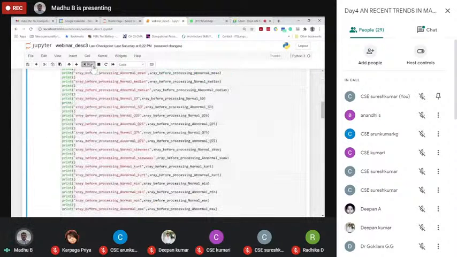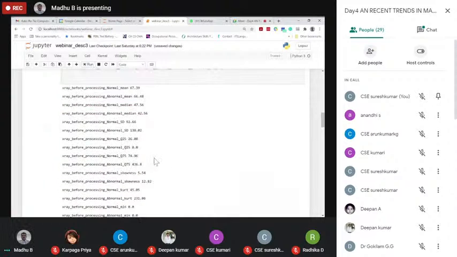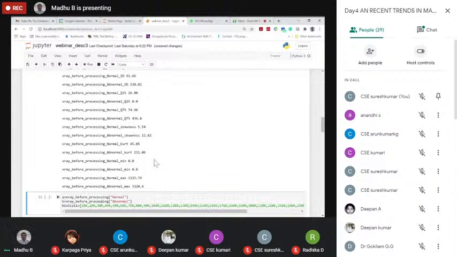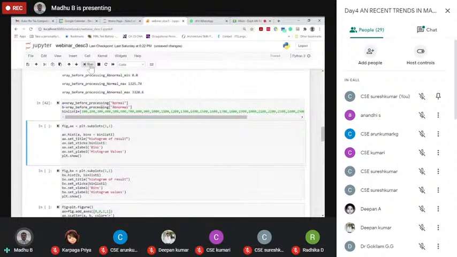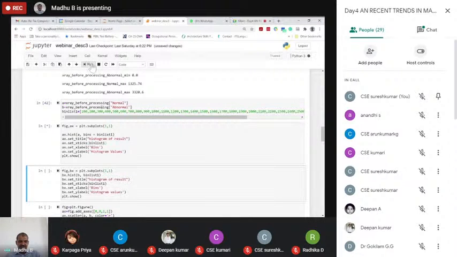I am finding the mean, median of the data here. I see that my skewness is high: 5.54, 12.82. So I also showed you the plot. I'm creating the histograms.